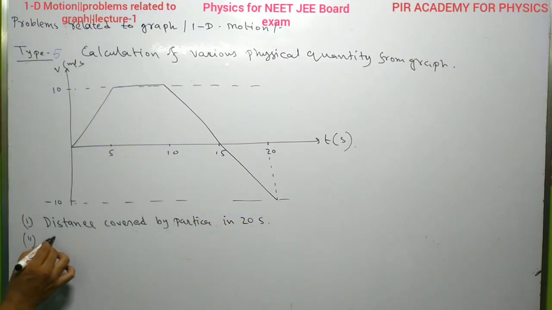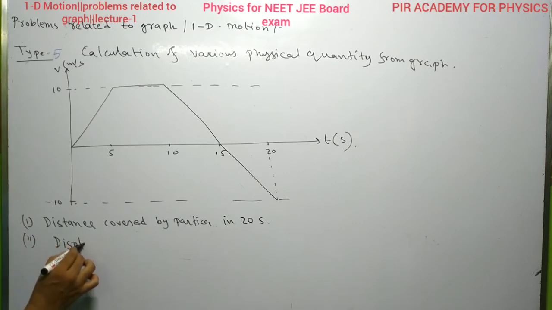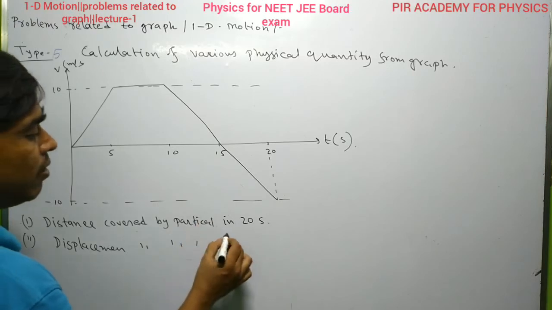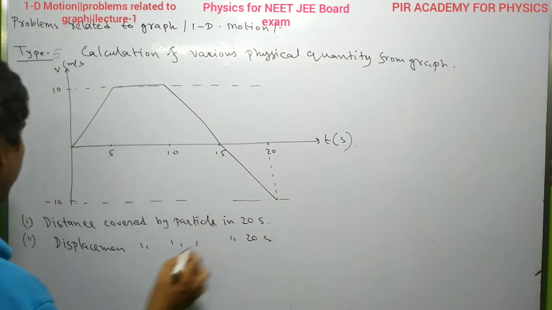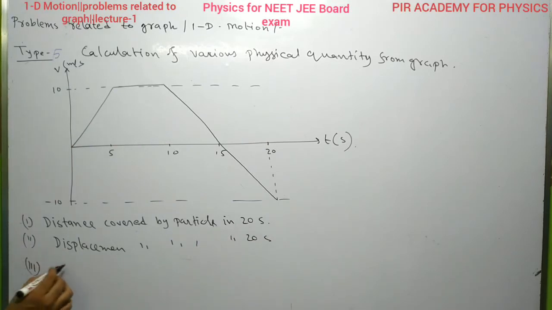Number 2, calculate the displacement covered by the particle in 20 seconds. Now you have to find out the average speed and the average velocity.